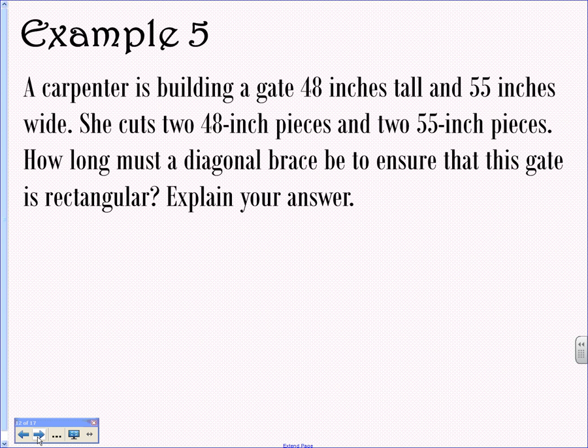Looking at another example, a carpenter is building a gate 48 inches tall and 55 inches wide. How long must the diagonal brace be to ensure that the gate is rectangular?